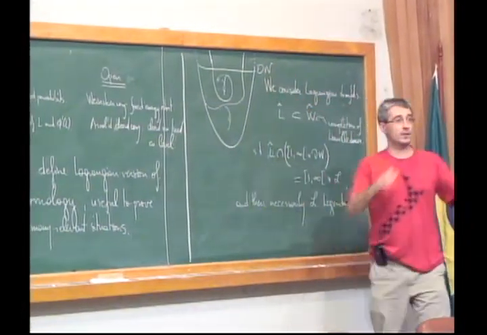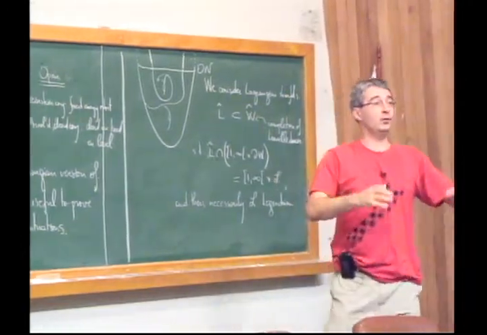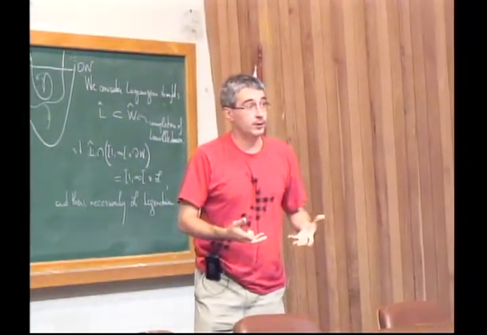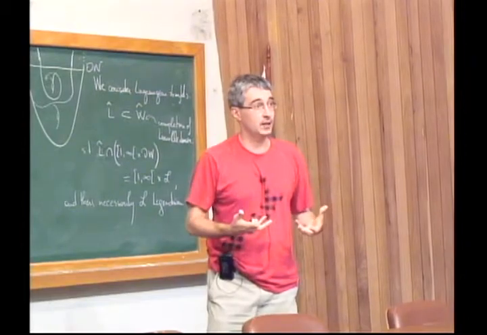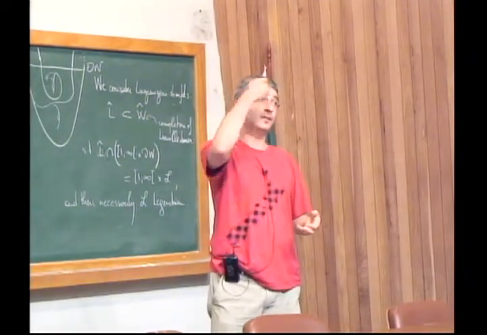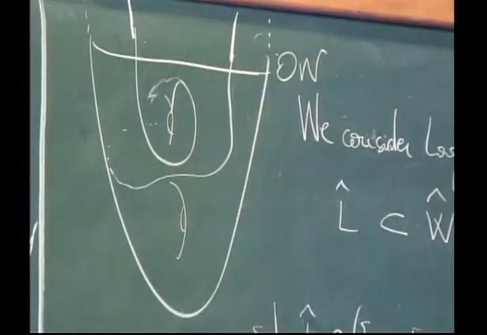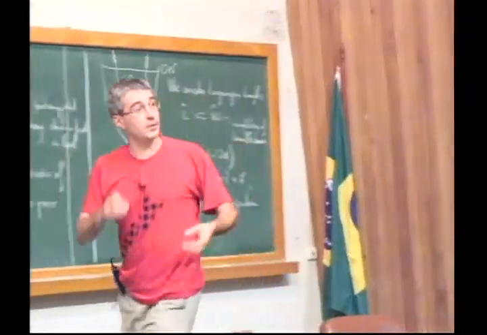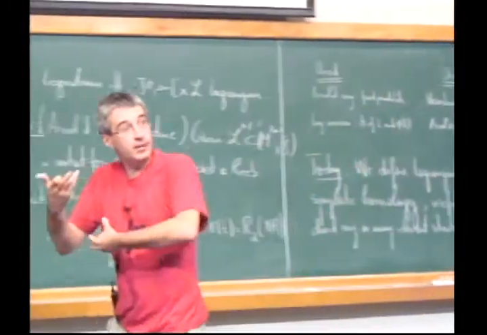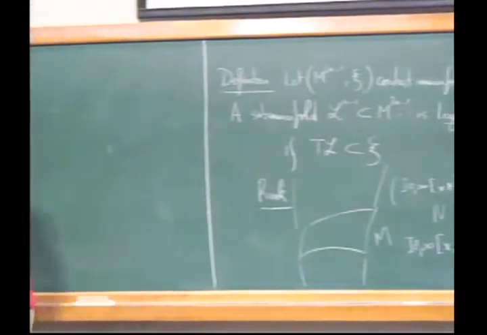So there's a contact manifold. This contact manifold is fillable, it has this filling, which is W itself. And we consider inside this contact manifold a Legendrian submanifold, which is fillable too. But now fillable means it has a Lagrangian filling. So this is a different point of view.